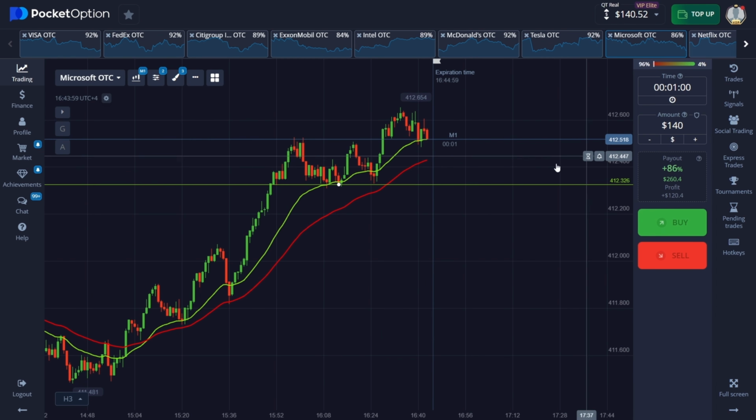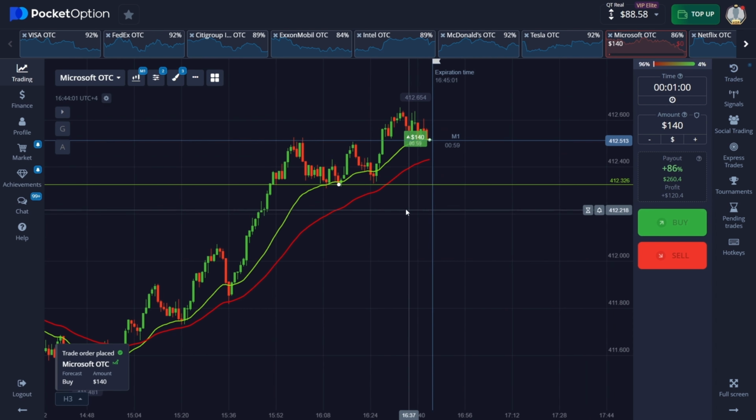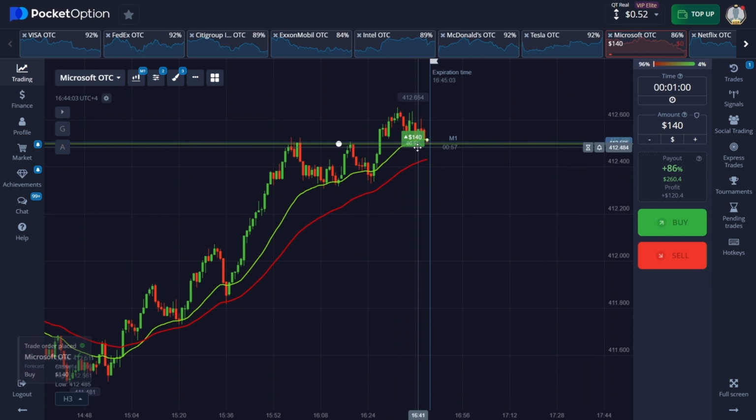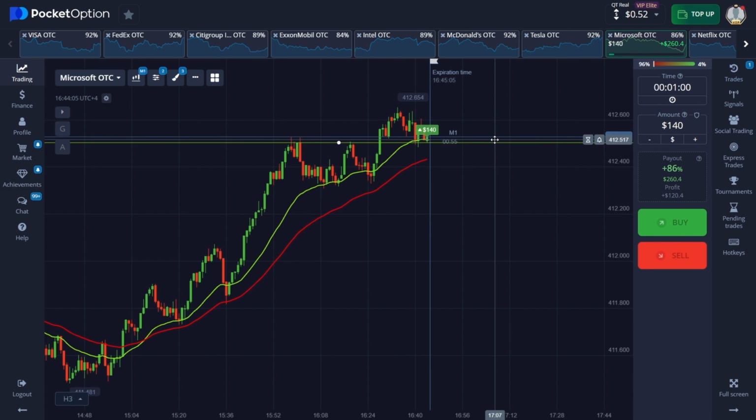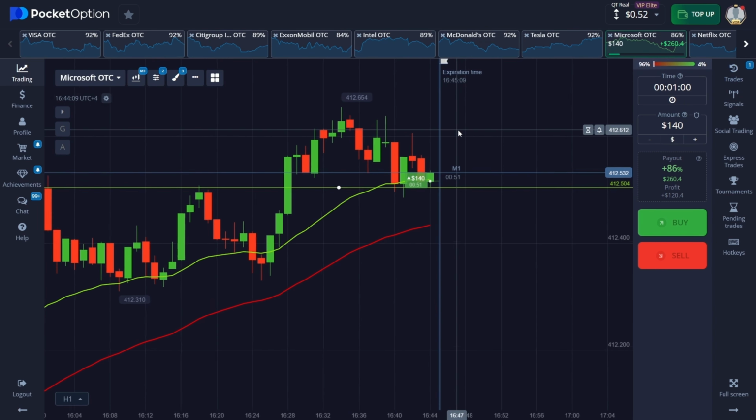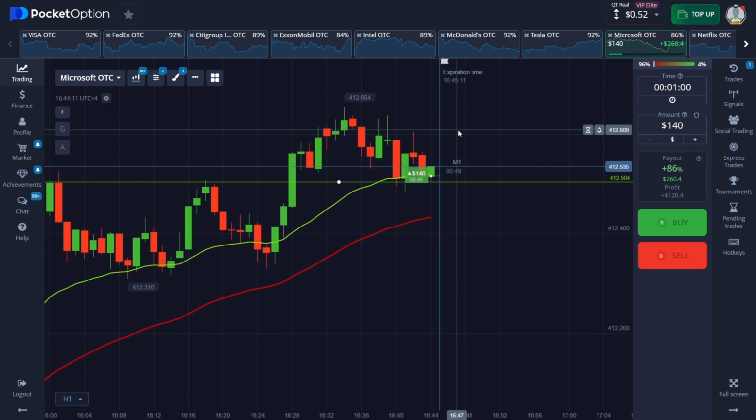Now, here we have a trade on Microsoft OTC, and I placed a trade for the upside move from the 25 EMA. You can also see a support level and an uptrend, which is why I took this trade for the upside move because of the uptrend, support level, and the 25 EMA.